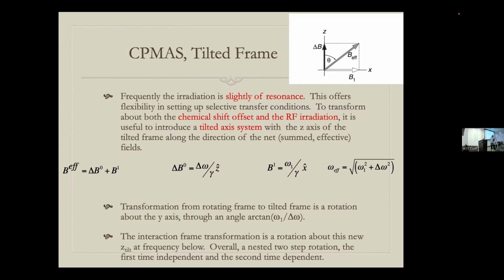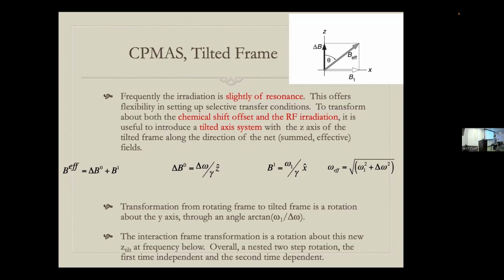So you've got to think about the offset in terms of the effective field, and it's the effective field that you match in this experiment. It's the effective field and not omega-1 that you match when you're off resonance. And it'll be more clear after the next couple of slides, but you're always rotating around the total field, the effective field, right?